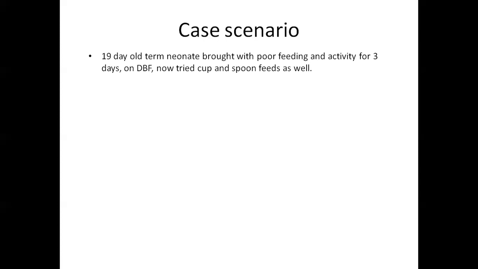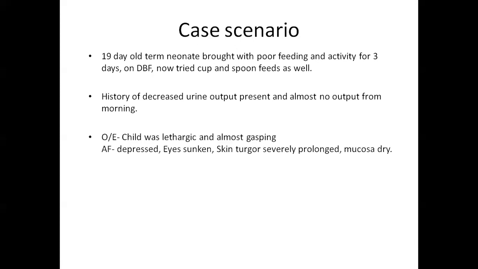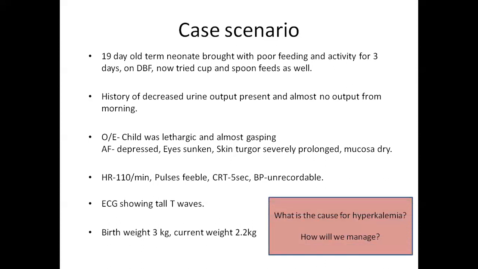This is a 19-day-old neonate with poor feeding and activity, history of decreased urine output, no output since the morning. He was lethargic, almost gasping, with severe dehydration, shock, and ECG showing tall T waves. He has a weight loss of almost 800 grams.